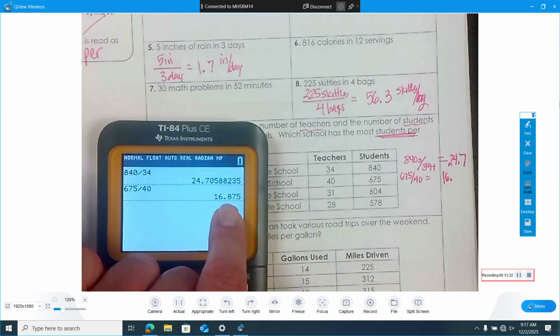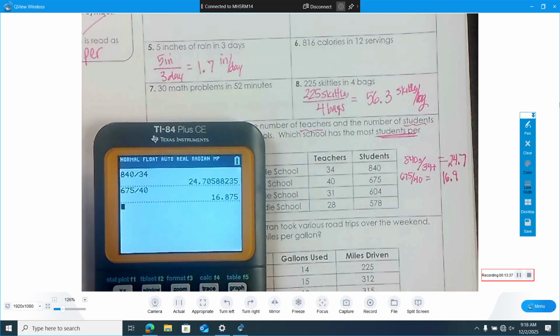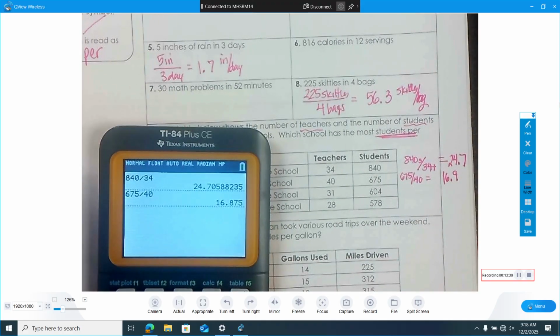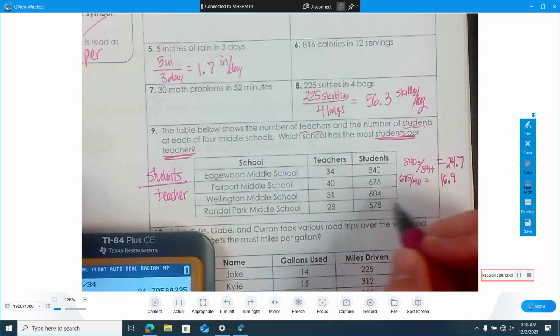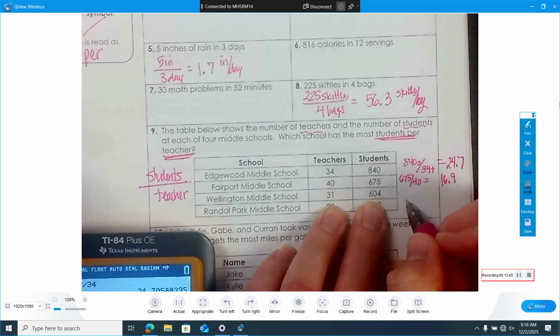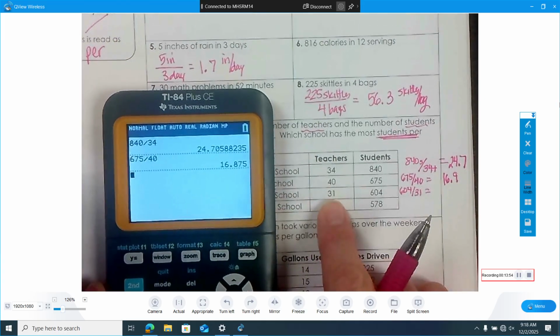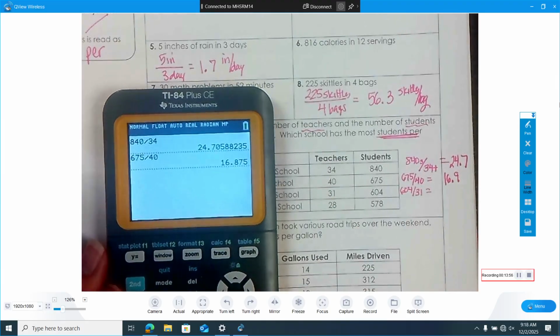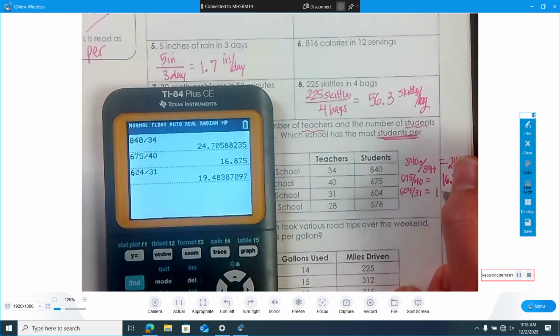Should it say an 8 or round to a 9? Yeah, 16.9 approximately. And that would be students per every single teacher. That's nice. On Wellington Middle School, how are we going to divide? 604 divided by 31. Students per teacher. So we divide by the number of teachers. 604 divided by 31, we get about 19.5.